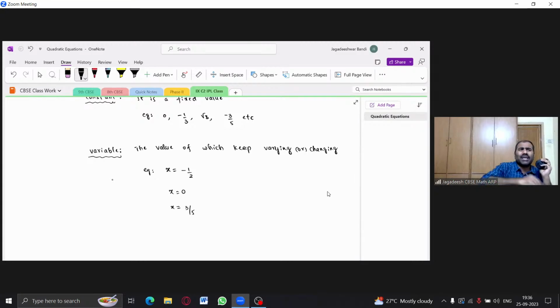Variables are denoted or represented by alphabets. Here x is the variable.